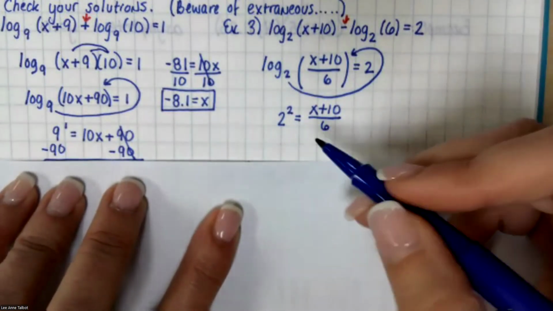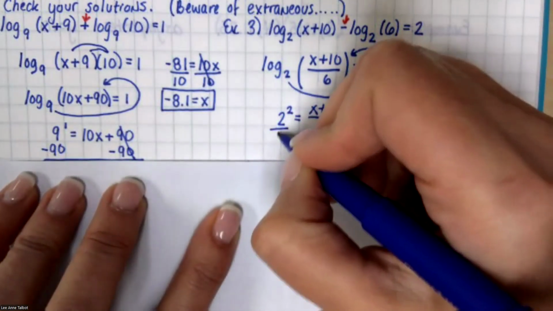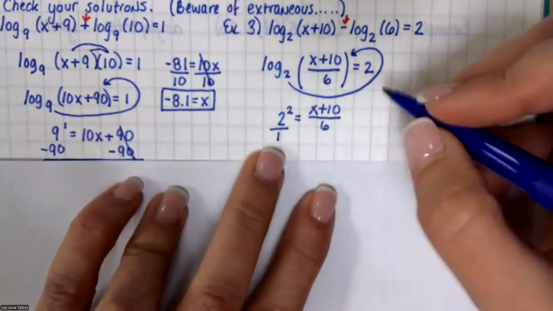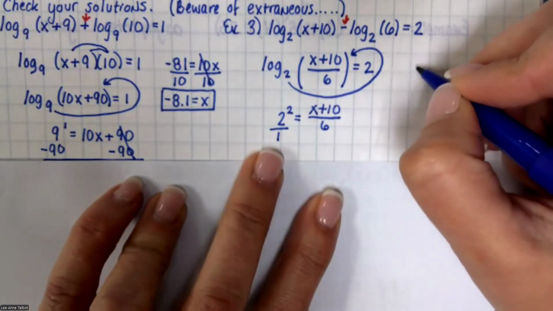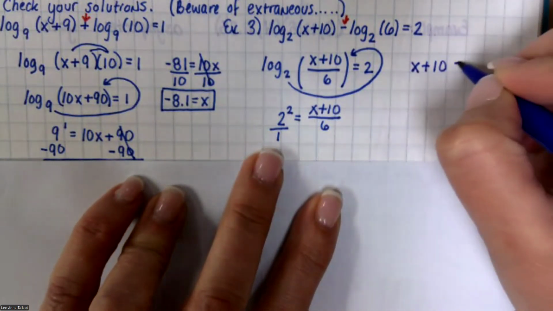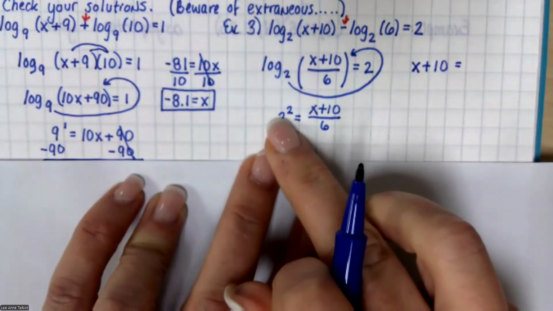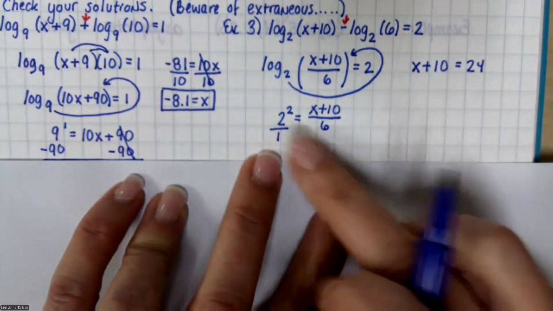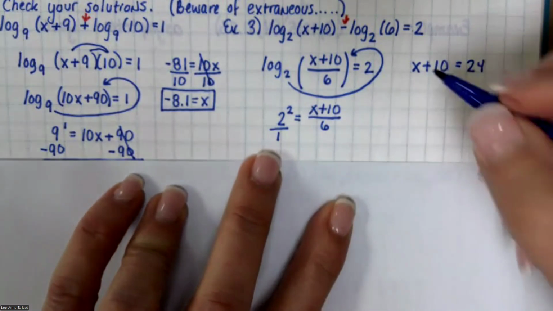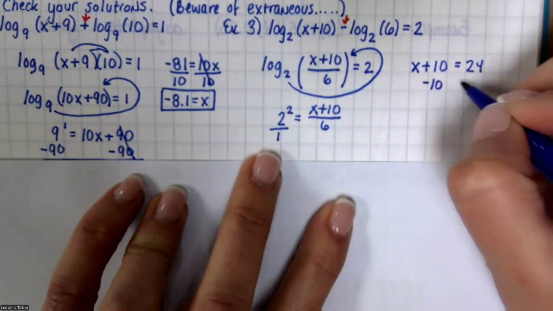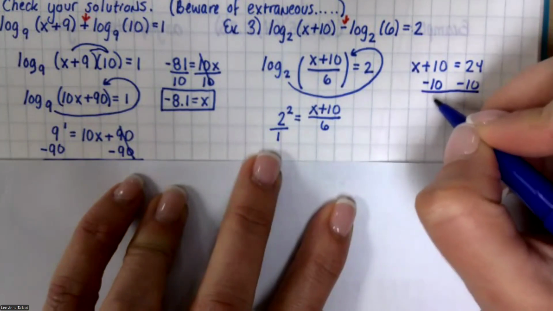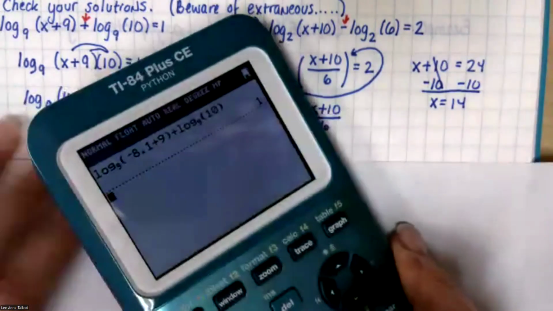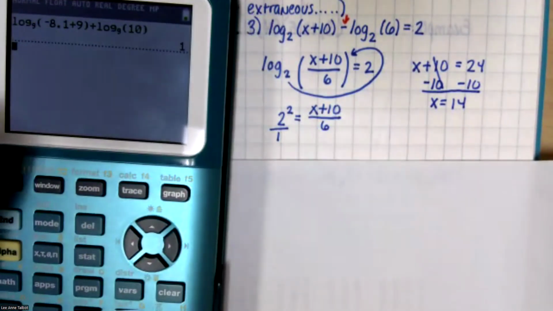Now what I like to do from here is take the side with the 2 squared and put it over 1 and cross multiply. So 1 times x plus 10 is x plus 10. And this is 6 times 4, which is 24. You guys all see where the 24 came from? Minus 10, x equals 14. These really aren't that bad.